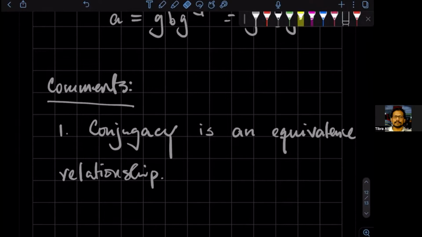Conjugation is what we usually call a change of basis in vector calculus, and a change of basis is also known as a similarity transformation in the matrix language. So this conjugacy relationship has a lot of application, but the first thing we want to say is that conjugacy is an equivalence relationship.